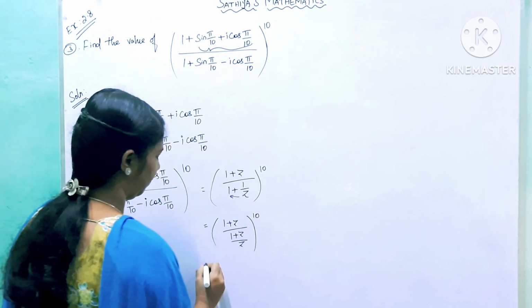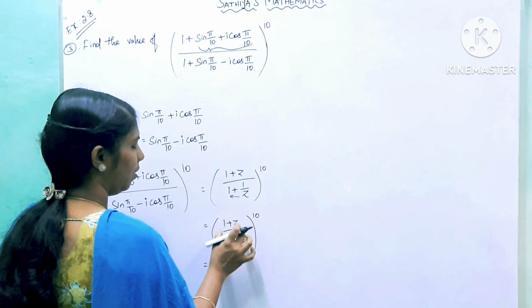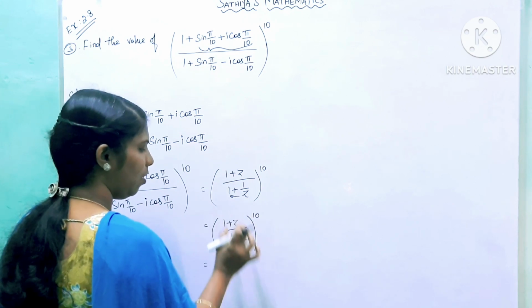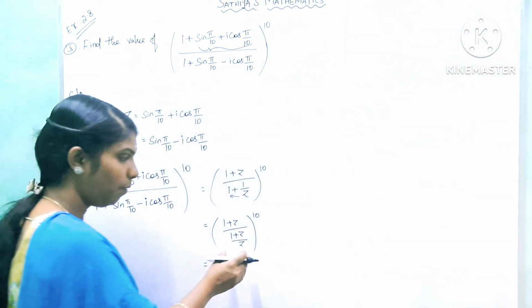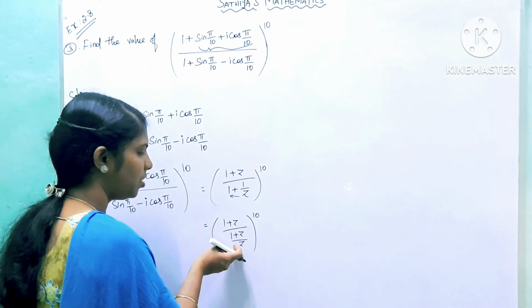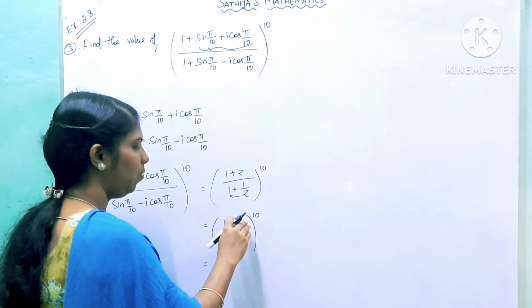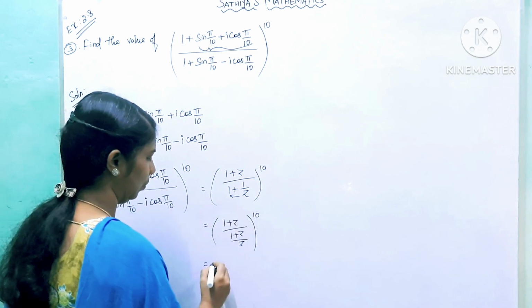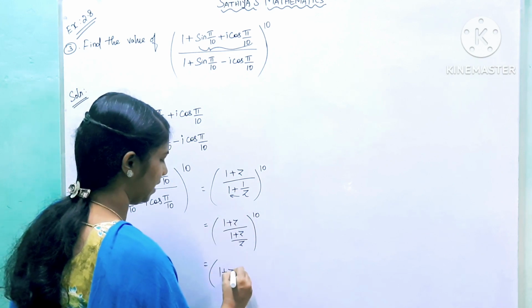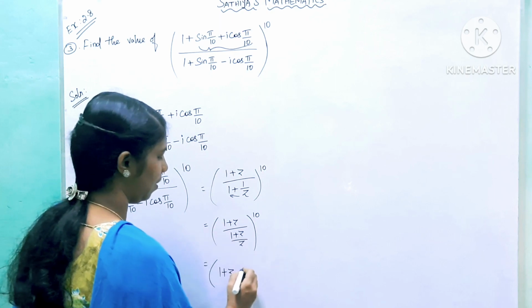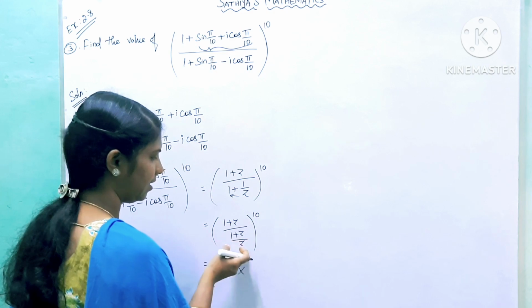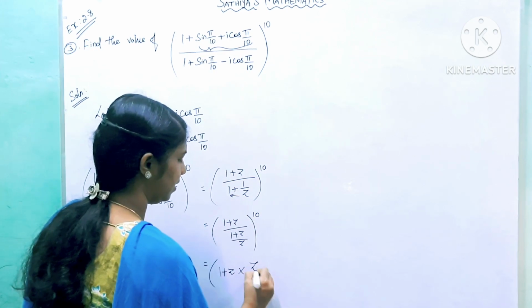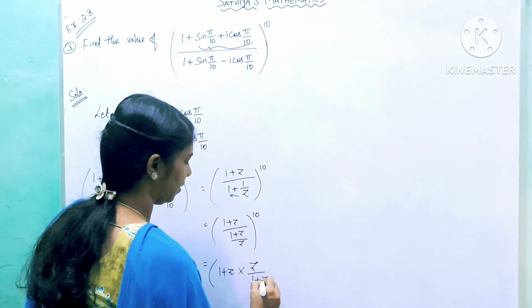The whole power 10. So now they have given a fraction, and in the denominator there is a fraction. Whenever we are getting a fraction in the denominator, the division becomes multiplication, and the reciprocal goes up. So 1 plus z, this division now becomes multiplication. This 1 plus z by z, when the reciprocal goes up, becomes z by 1 plus z.